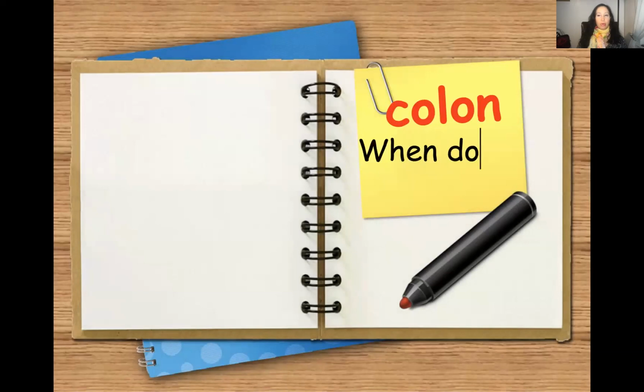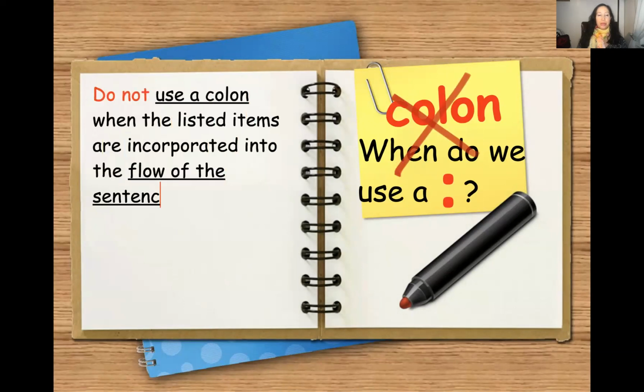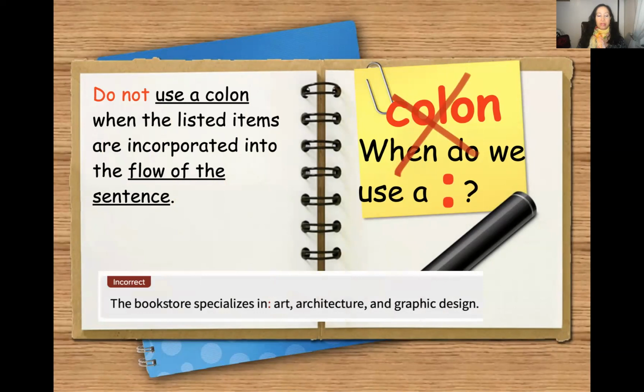When do we not use a colon? Do not use a colon when the listed items are incorporated into the flow of the sentence. For example, an incorrect way of using the colon is: the bookstore specializes in: art, architecture, and graphic design.